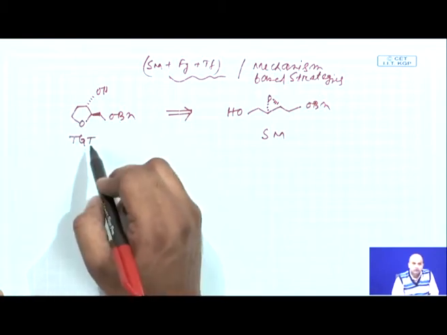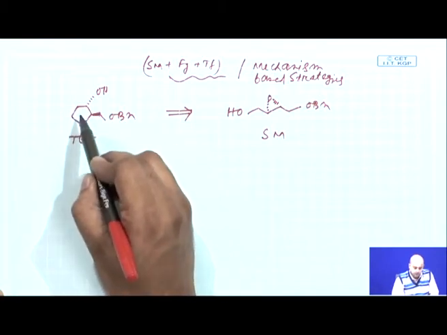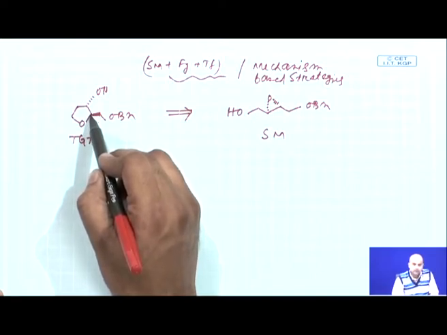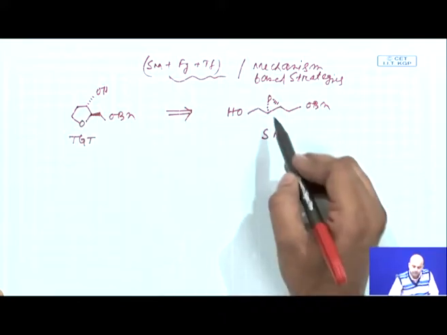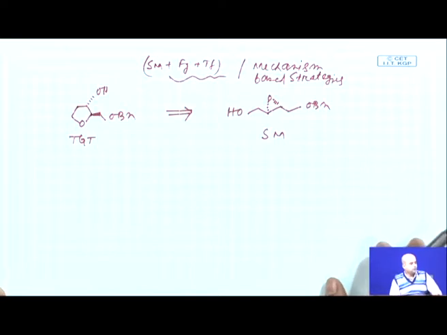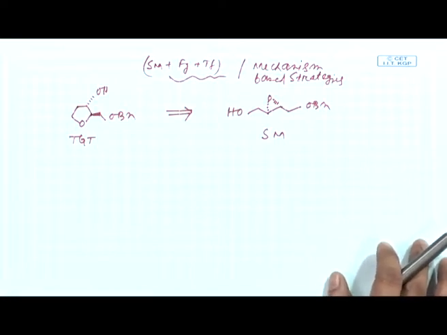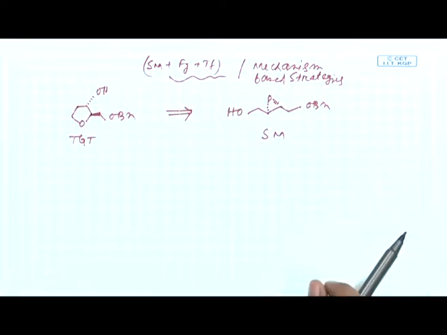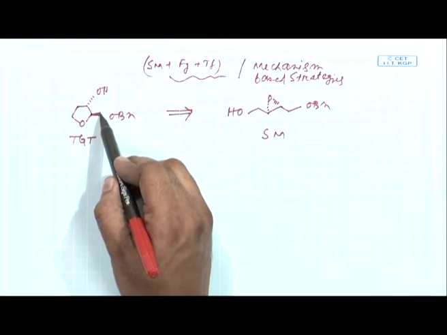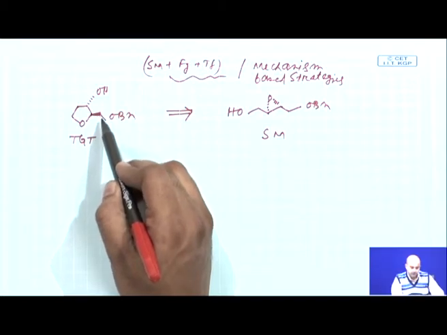Now, try to count the carbon atoms: 1, 2, 3, 4. The 4 is the basic skeleton in this tetrahydrofuran carbon. Here also 1, 2, 3, 4. So, no need to add any extra carbon as is evident from the structure, but here if you see the side chain of this tetrahydrofuran, you have 1 carbon extra, CH2OBn.